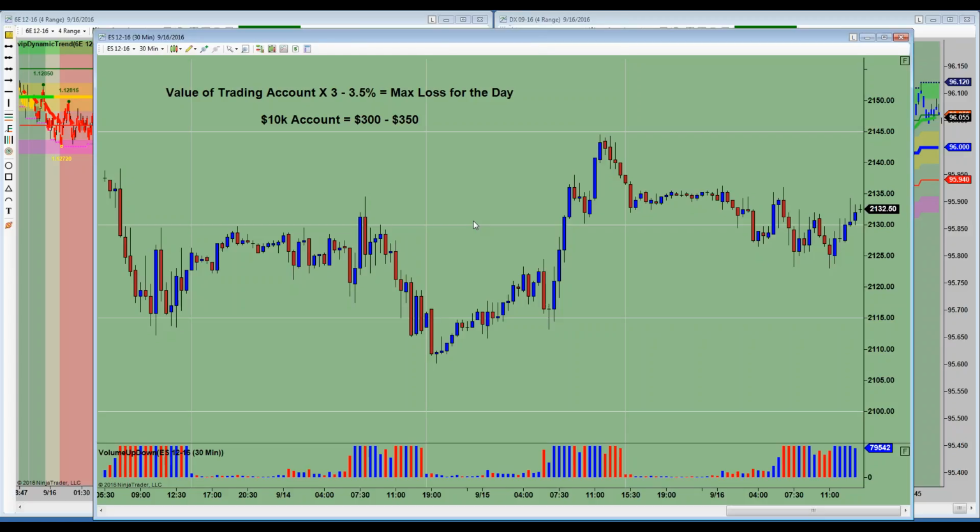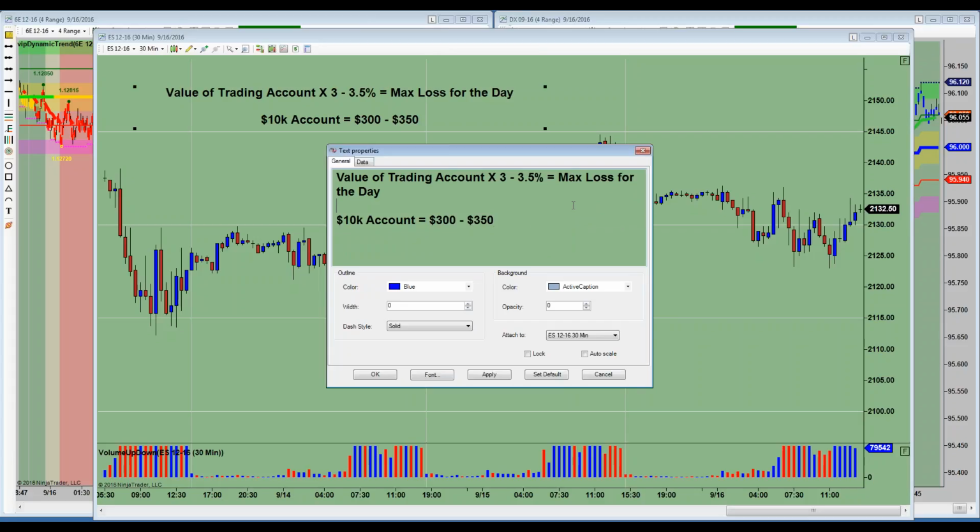Well, in order to calculate that, you're going to need to know the size of the instrument tick-wise that you're trading, yes? So let's do some quick math here, and I'm going to cover this fairly quickly and get back to trading, because these are numbers you should know off the top of your head. You don't have to sit and do a bunch of calculations to figure this all out. So let's just say this.